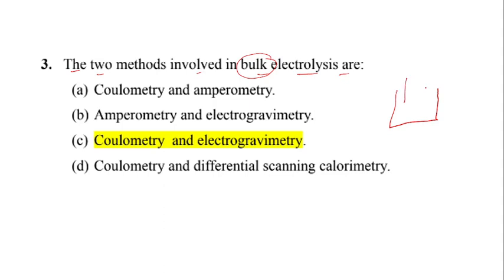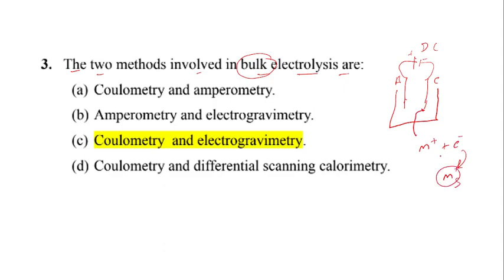There are 2 electrodes, and we need to provide a battery or DC source, which will provide voltage. This is known as cathode, this is known as anode. At the cathode, the metal ion, which is in positive form, will gain electrons and convert to metal.